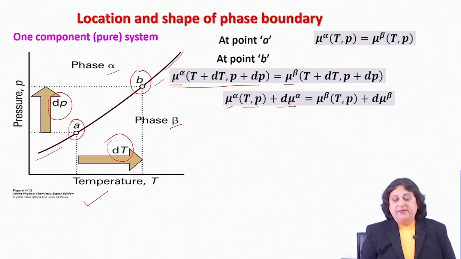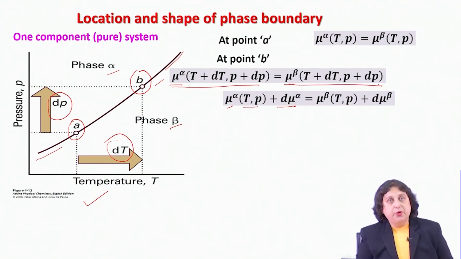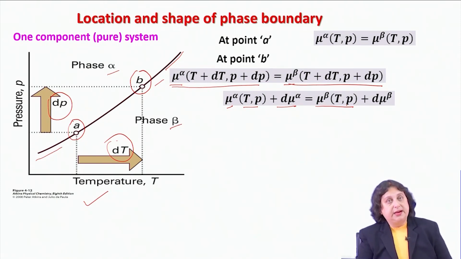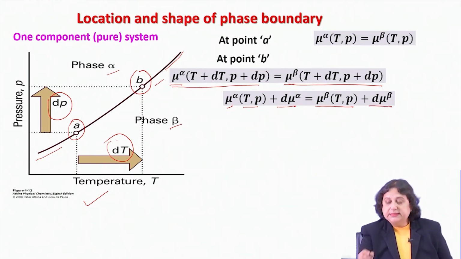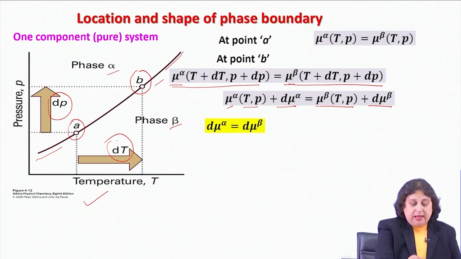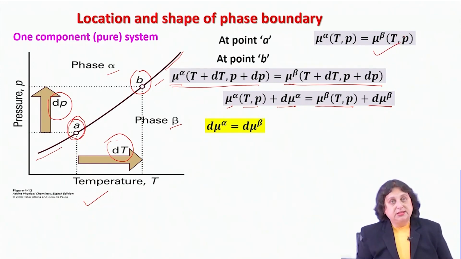Following the same logic, the new value of mu beta at this new point B can be written as mu beta at (T, P), the value of mu beta at the point A, plus d mu beta. Now, since at A the system was at equilibrium, this condition is valid.